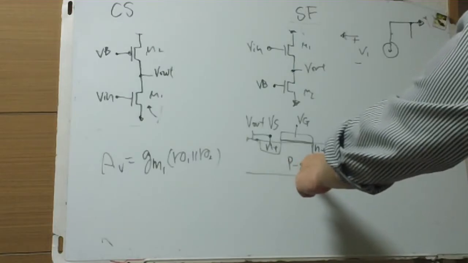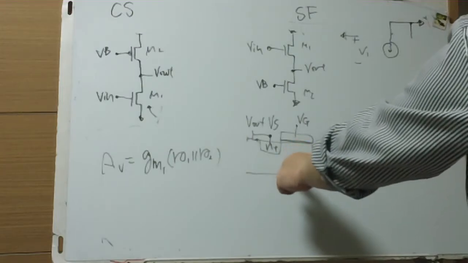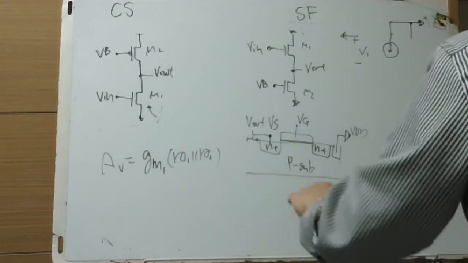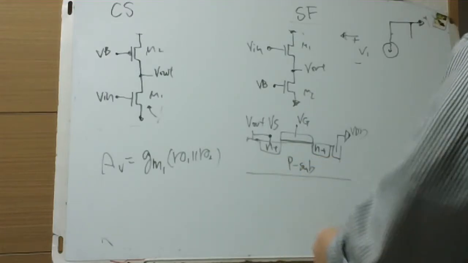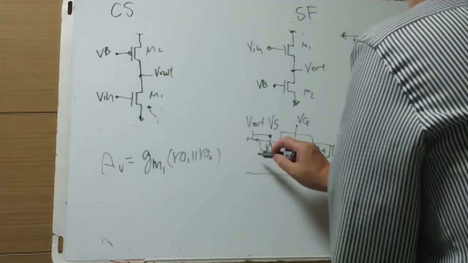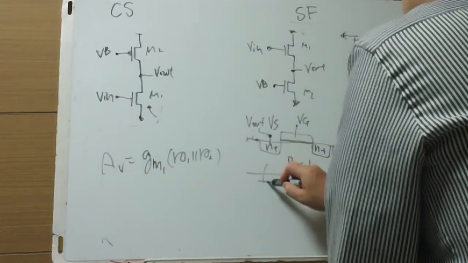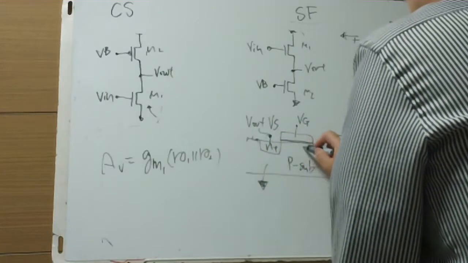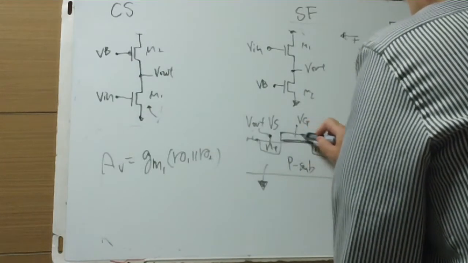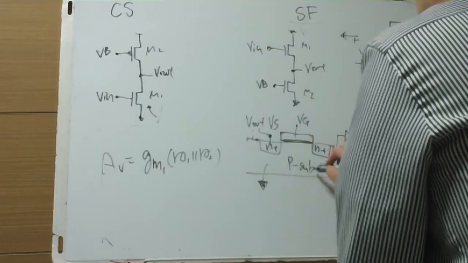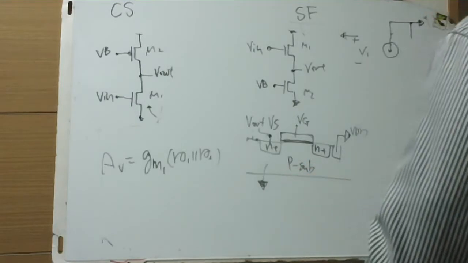The source is the least voltage. So Vout is VS, but the P substrate is the back gate. This is the front gate, and in a sense this is the back gate. The P substrate is grounded, AC 0 or DC 0.